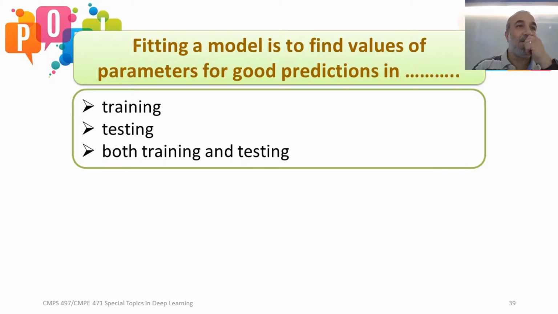We are fitting a model now. So both, I would say. Do we find the values of parameters based on the test data? So that's only for training. We don't use the predictions of test to guide the fitting.